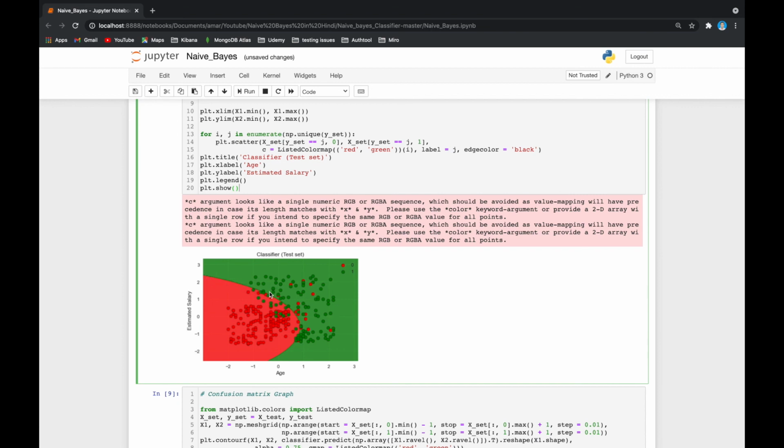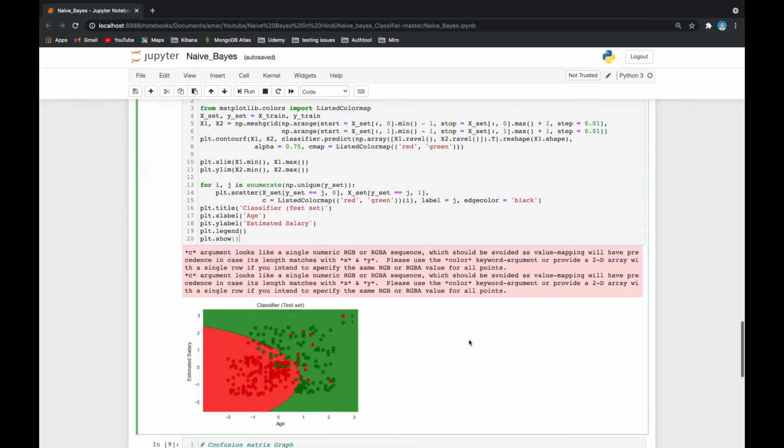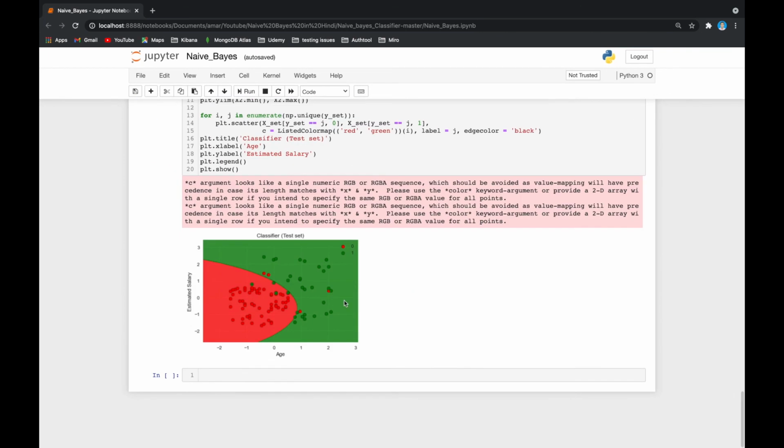In this way naive Bayes has created one boundary. Here we can see we got a total of 9 errors, right? Here we can count 1, 2, 3, 4, 5, 6, 7, 8 and 9. It is overlapping over here. So we got 9 data points which have errors.